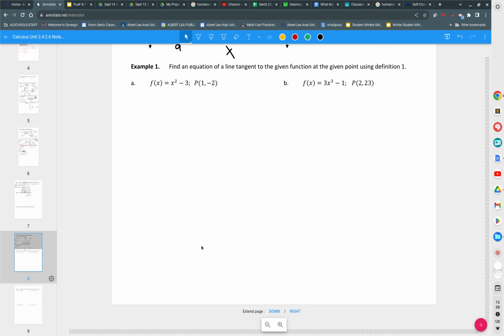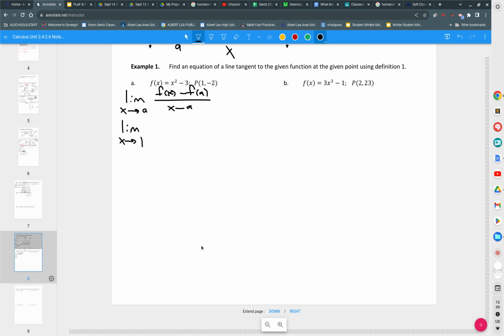So what I do is this. I have the limit as x approaches a of f of x minus f of a all over x minus a. Okay? Limit as x goes to, what is the a value in this case? 1.